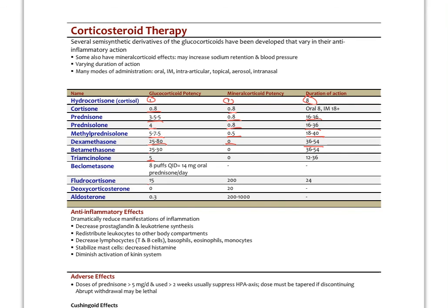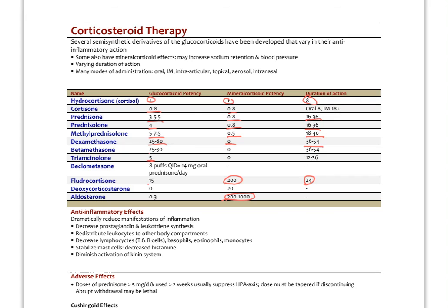So when we talk about Addison's disease, we're going to need to supplement potentially in primary Addison's mineralocorticoids, and fludrocortisone has a mineralocorticoid potency of about 200 and about a 24-hour half-life. So that sometimes needs to be taken with cortisol in Addison's primary adrenal insufficiency. And then aldosterone here, we just define having a mineralocorticoid potency of 200 to 1,000.